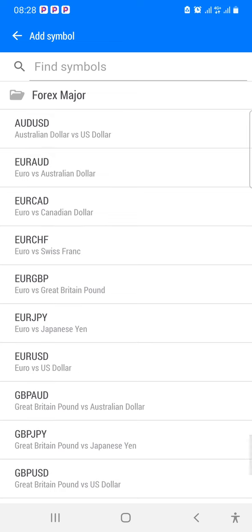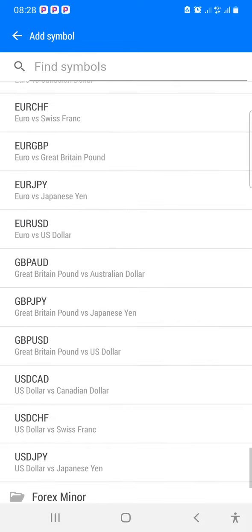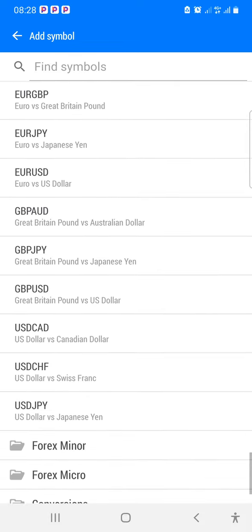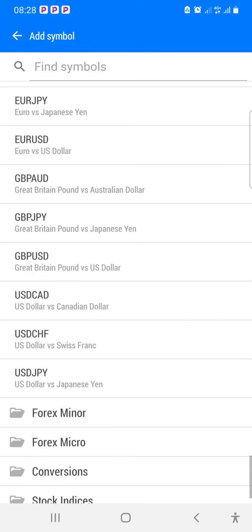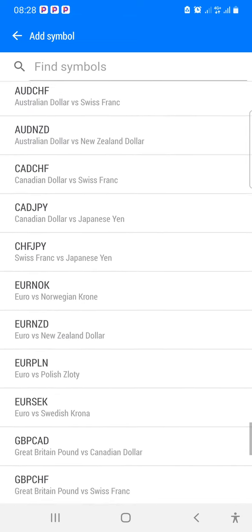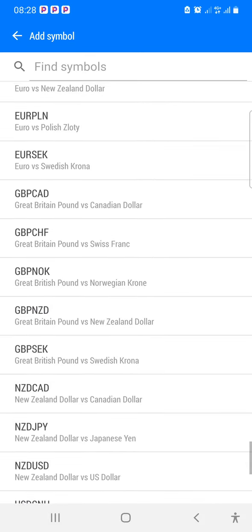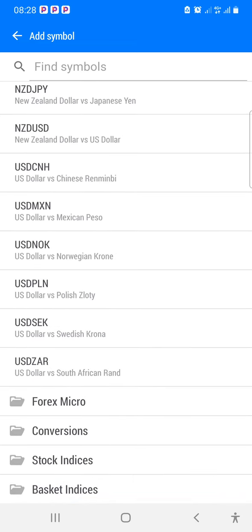AUD USD is the Australian dollar against the US dollar, EUR AUD is the euro against the Australian dollar, EUR GBP is the euro against the pound. You can see the name of each pair by the side or below it. Forex minor, these are some minor pairs. They don't really move like that, but at least they are currencies that trade with each other, so you can actually trade them too.